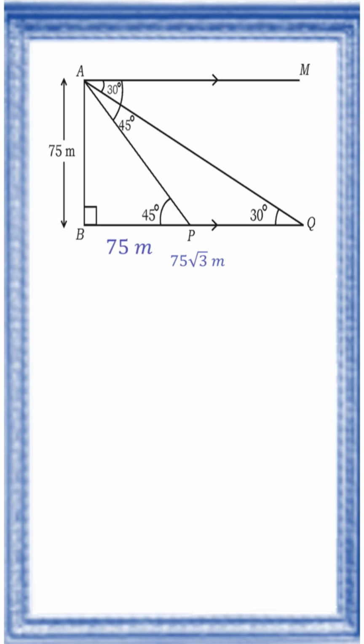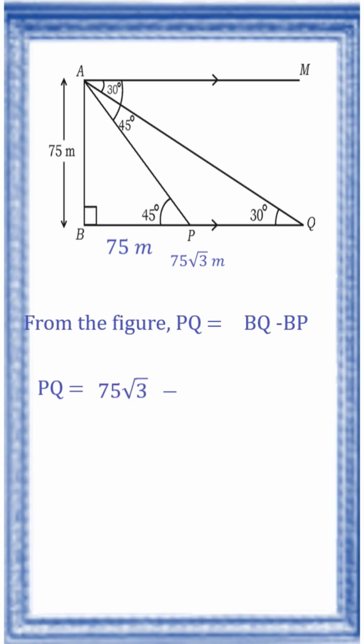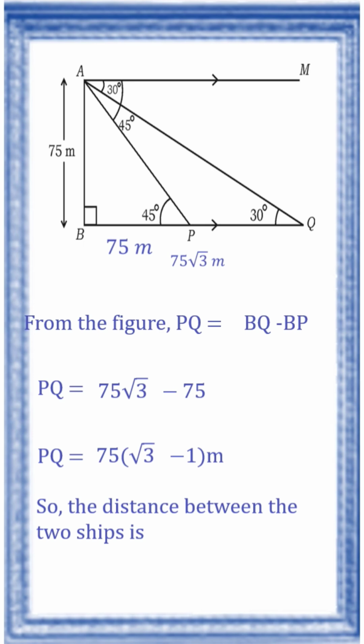From the figure, PQ, that is the distance between the two ships, is BQ minus BP. So PQ is equal to BQ, 75 root 3, minus 75. Here observe that 75 is common. So 75 into root 3 minus 1 meter.